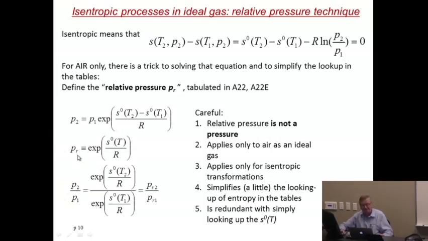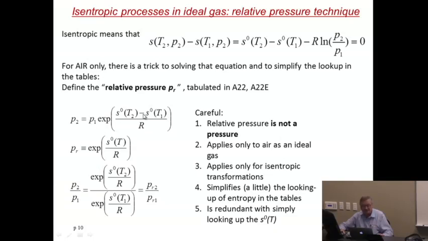But there is an easier way, and that is to define PR, this is now your relative pressure, as the exponential of S0 over R. Because if you do that, this term becomes PR2, and a minus in the exponential means in reality you divide by, so this term is PR1.